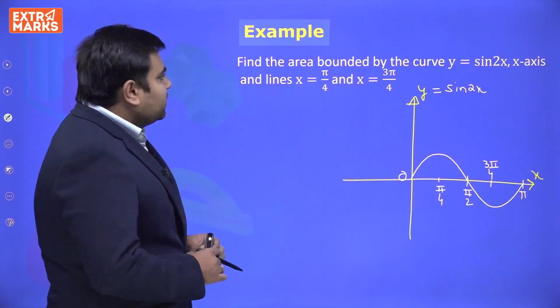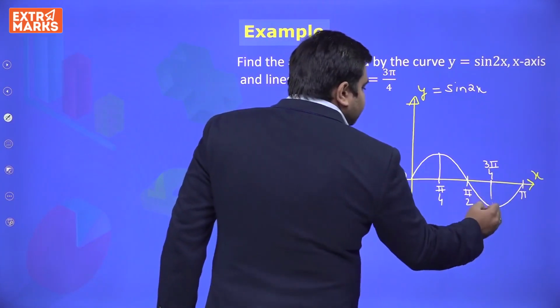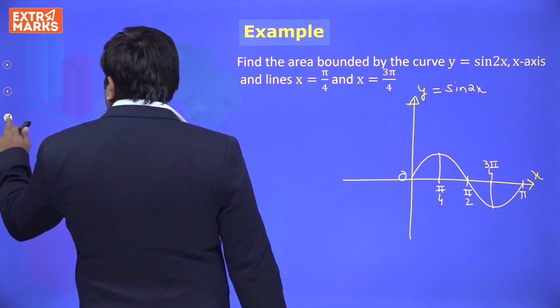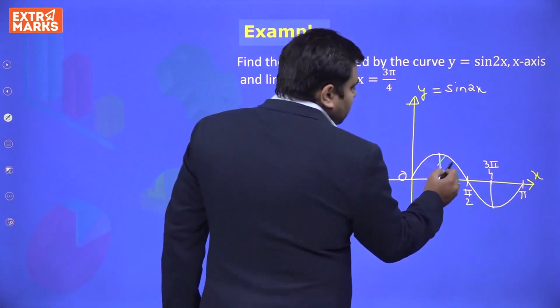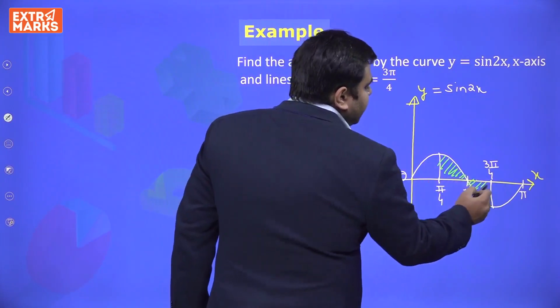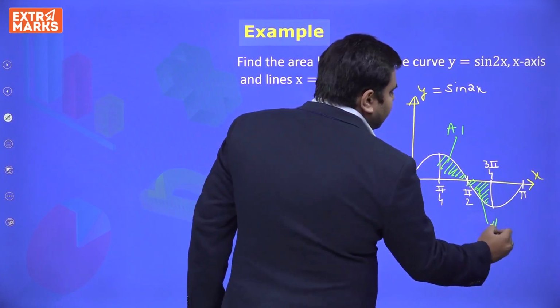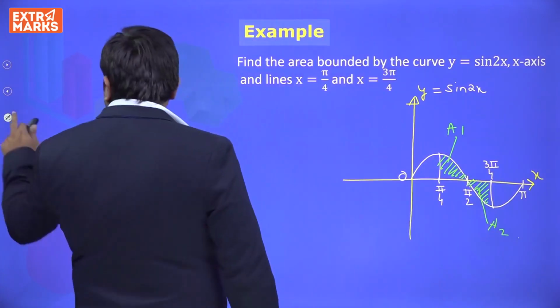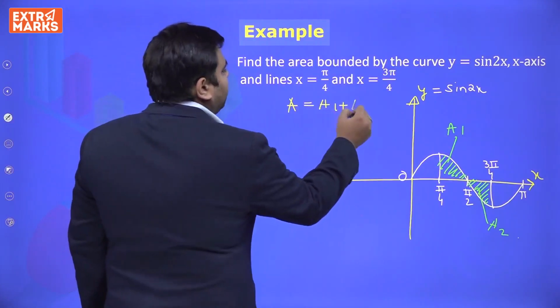Now the area has to be obtained between pi by 4 and 3 pi by 4. So this would be the area. Are you getting this point? Now let us name these two areas as A1 and A2 first, right? So area is nothing but A1 plus A2.